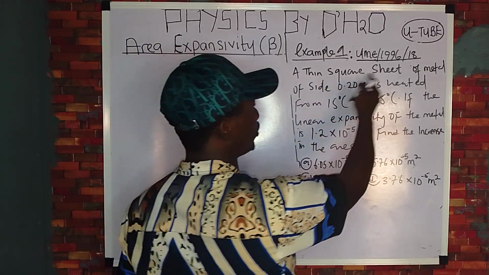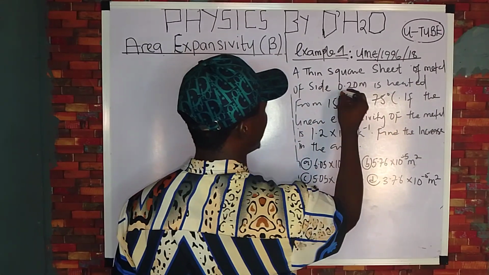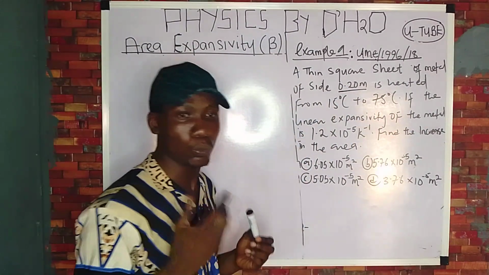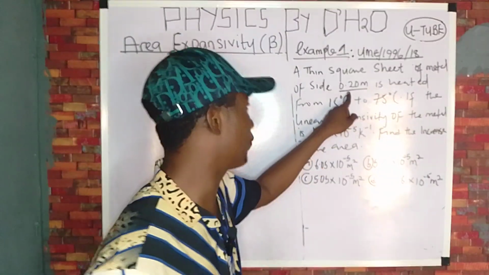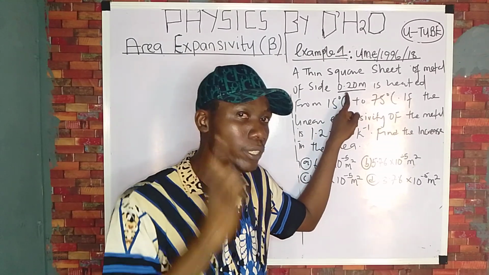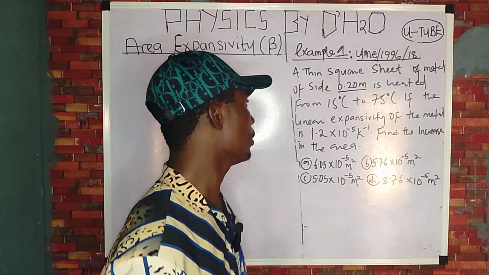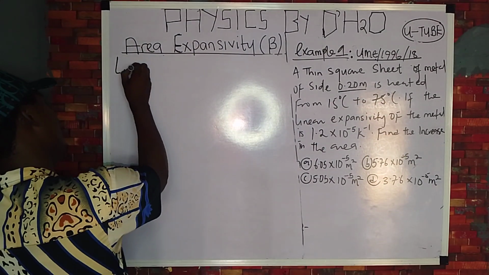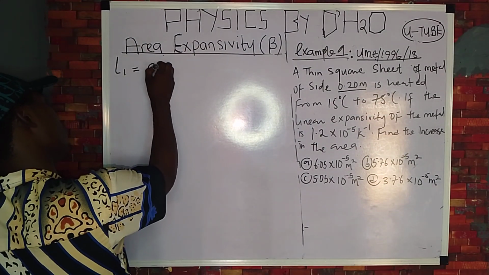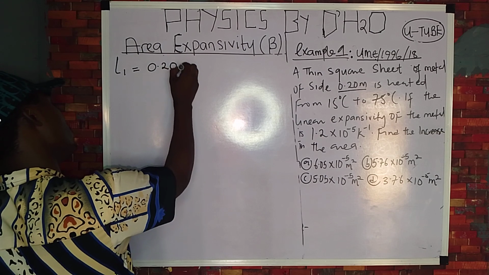A thin square sheet of metal of size 0.20 meter. This is the length of one side of the square. This is the length, so L1 is equal to 0.20 meter.